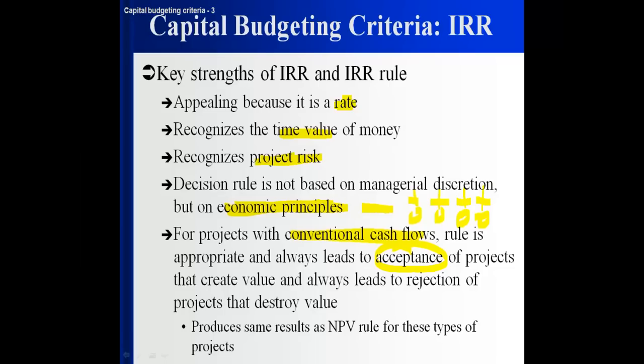If you have a project that would destroy value, one where the value of what would go in is more than the value of what would come back, it'll have a lower IRR and it'll be rejected. So IRR and NPV lead to the same conclusions when cash flows are conventional.